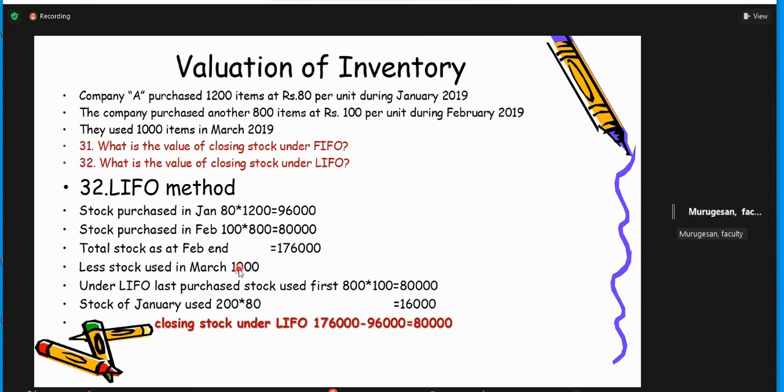LIFO means the last stock, 800, they will use first. They use 800, and they still want 200. So you have to subtract at what rate? That 800 items will be at 100 rupees. So 800 into 100, 80,000, you subtract from 176.